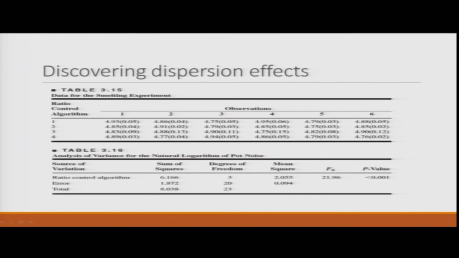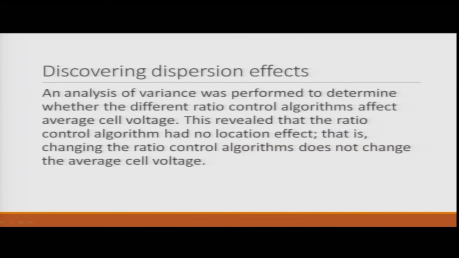The mean square values are 2.055 for the ratio control algorithm and 0.094 for the error. F naught is 21.96, and the p value we find depending on the level of significance.